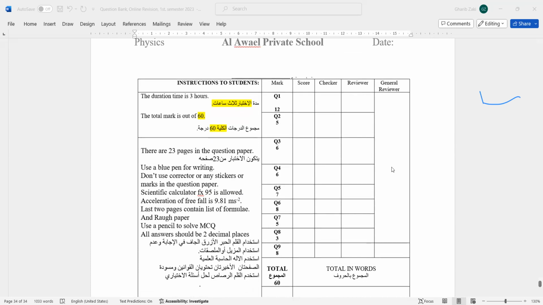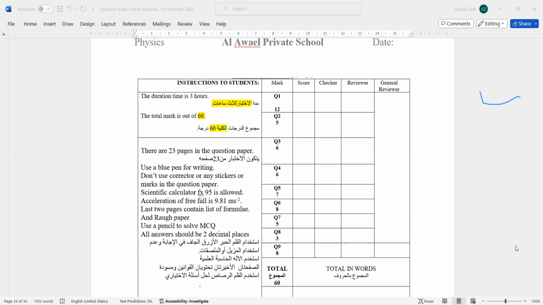I advise you guys to start the exam with the extended question. Do not start the exam with multiple choice. I advise all the students, also in grade 12, do not start the exam with the MCQ, to get time to think, because in MCQ, I change many words.